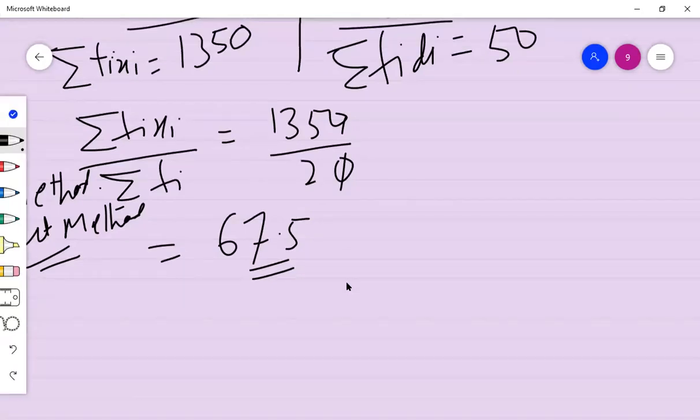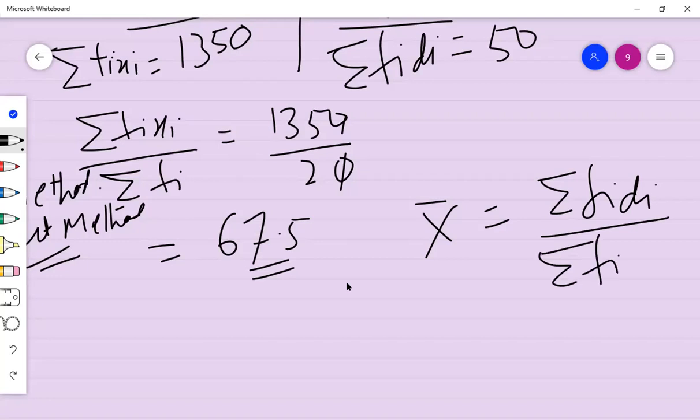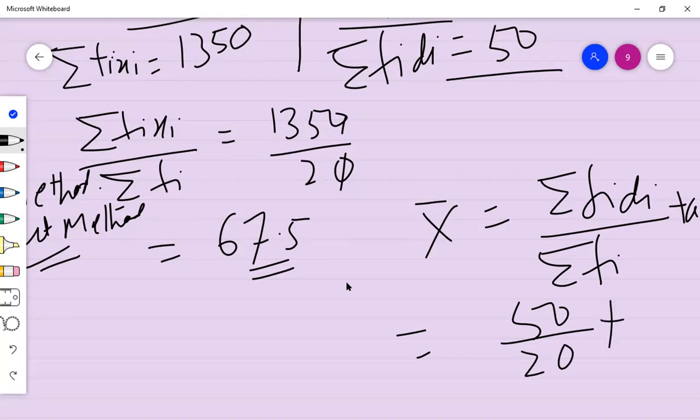So we have mean equals sigma fi di upon sigma fi plus a, the assumed mean. Sigma fi di is 50. The total number of observations was 20, and the assumed mean we had taken was 65, is it, Asna?